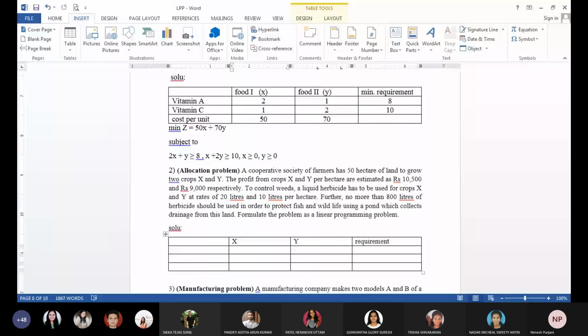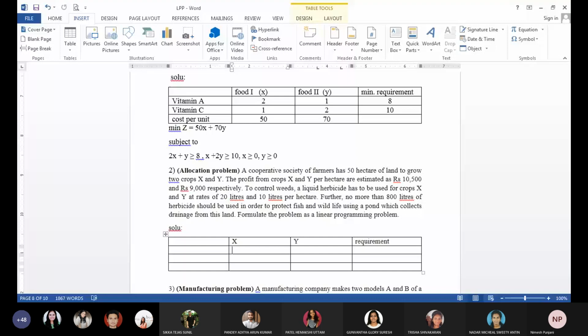Second sum, what does it say? A cooperative society of farmers has 50 hectares of land to grow two crops X and Y. Profit from crops X and Y per hectare are estimated as rupees 10,500 and 9,000 respectively.